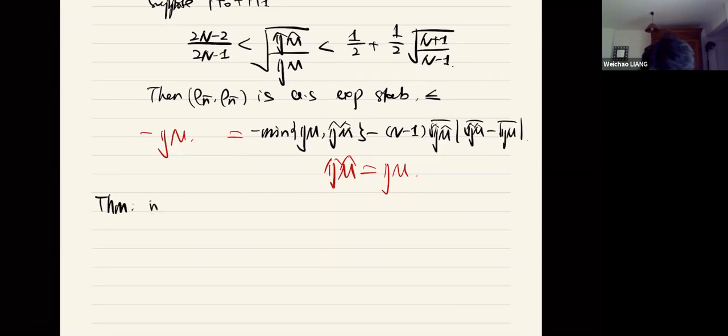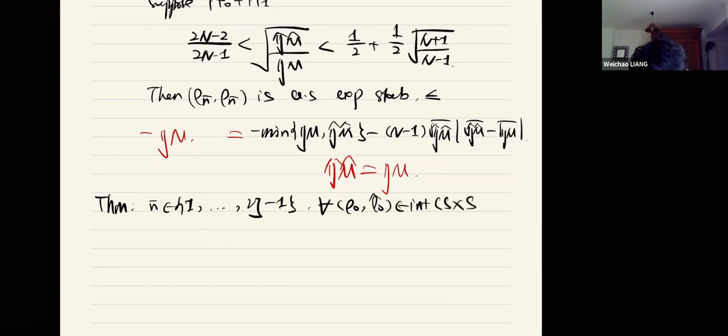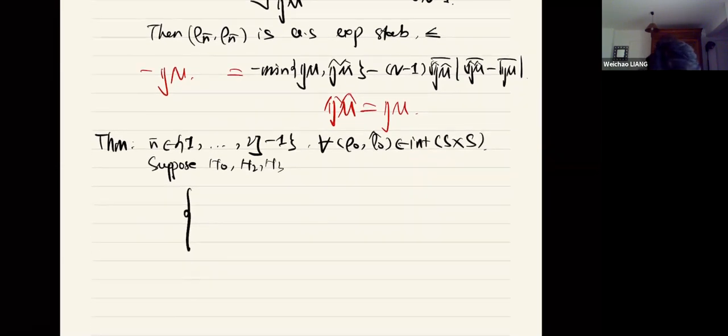And for the general case, consider only the interior of the state space. And here we suppose the feedback controller satisfies H0, H2, and H3. And also the estimated state satisfies these two conditions.